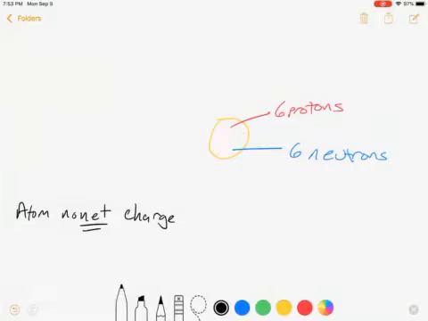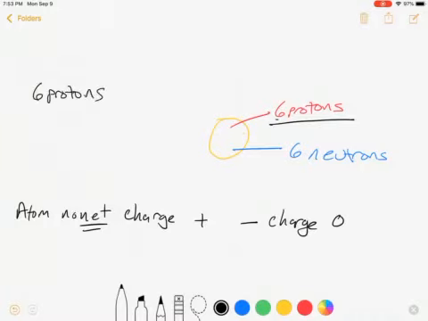What do I mean by that? Well, I mean that all of our positive things, which are, of course, protons, and all of our negative things, which are, of course, electrons, are going to add up to a total charge of 0. So if I have 6 protons, I need to get to 0. So 6 protons plus something.